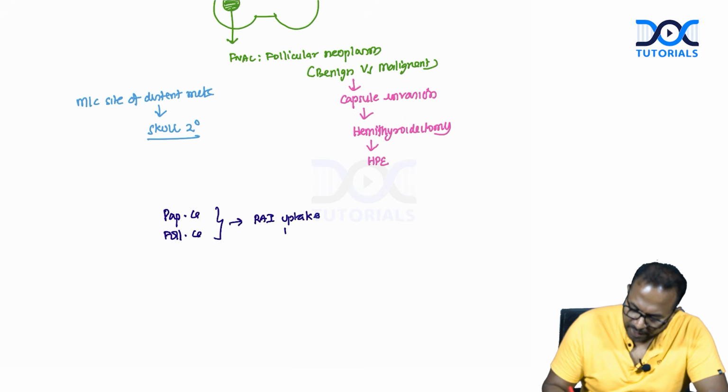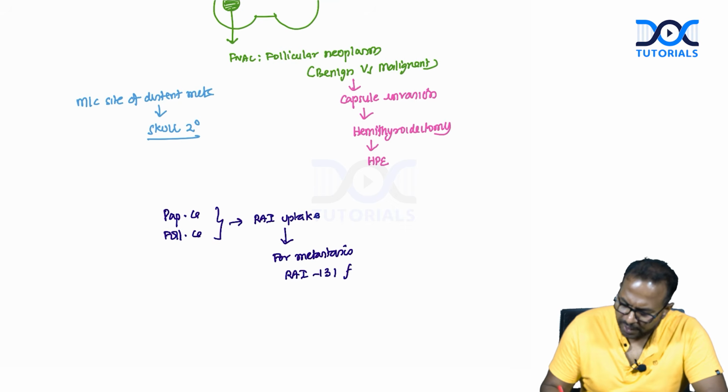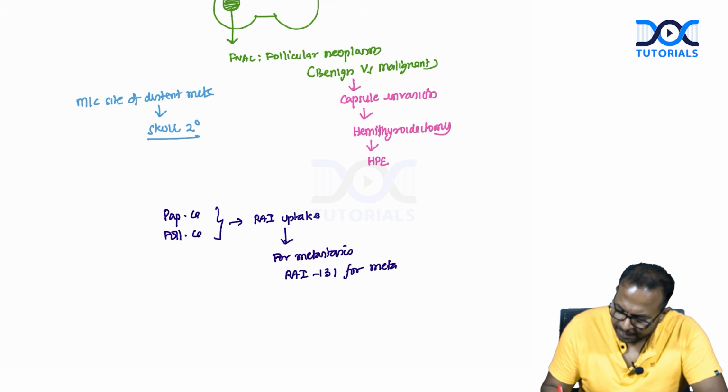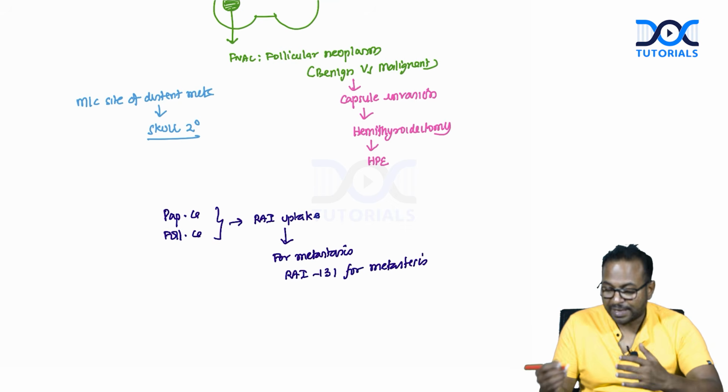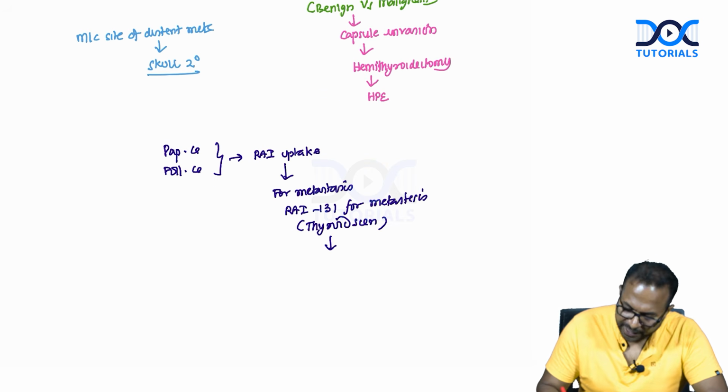Therefore, for metastasis detection, we use radioactive iodine 131 for metastatic uptake, and this scan is called a thyroid scan. When there are metastases, we will give a high dose of radioiodine to destroy them.